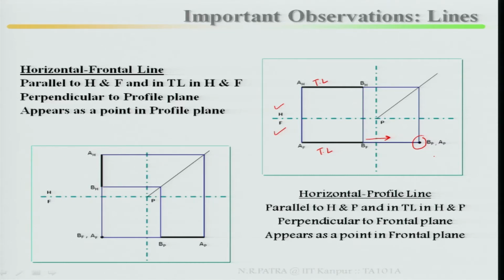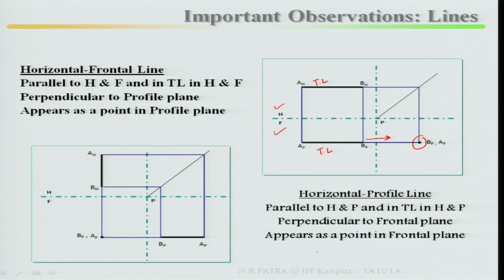Now, look at this line, horizontal and profile line. If I say the line is horizontal and profile, that means the line is lying in the horizontal plane as well as in the profile plane. What does it mean? The line is parallel to your hinge line, parallel to horizontal and profile, in true length in horizontal and profile.